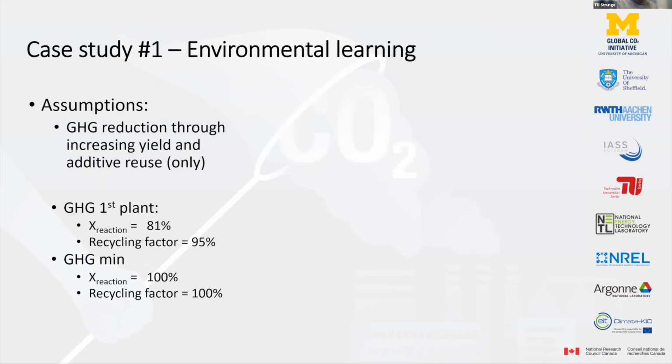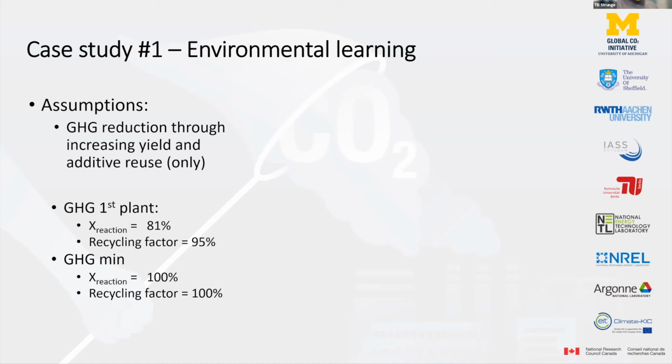At last, we try to use the environmental learning approach. And this, as Farid has already mentioned, is a little bit work in progress at the moment because it's very difficult to actually do this. What we did there was look at the greenhouse gas reductions through our proxy, which is increasing the yield and the additive use, because we found in literature that a main driver for the emissions is the yield that you get in the carbonation reaction and how much you can reuse your slurry.